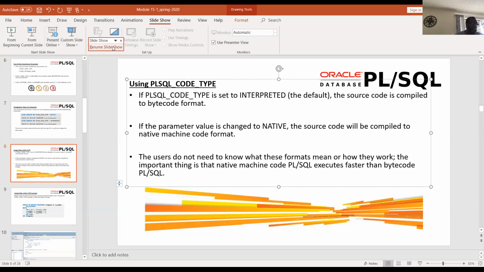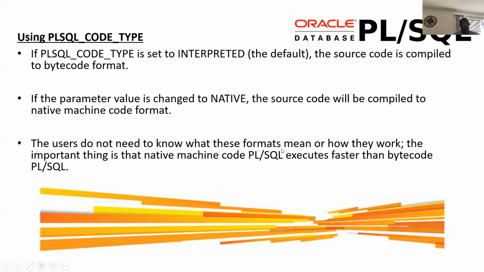And what that means is basically there's essentially bytecode within the compiler that will interpret your PL/SQL. This is just your PL/SQL code. And generally, and this depends upon your machine code format, but generally this will run faster, interpreted.